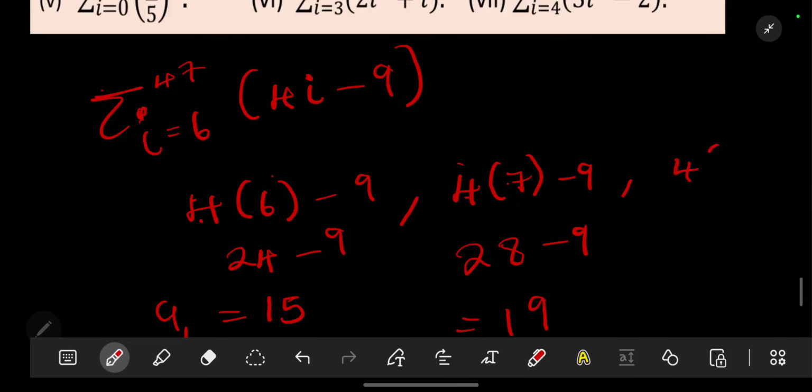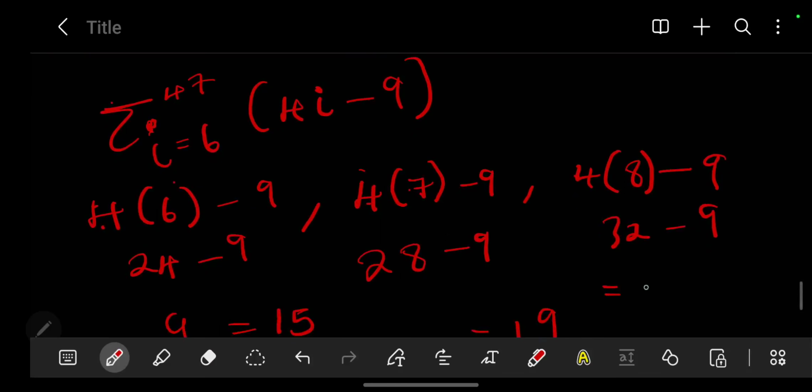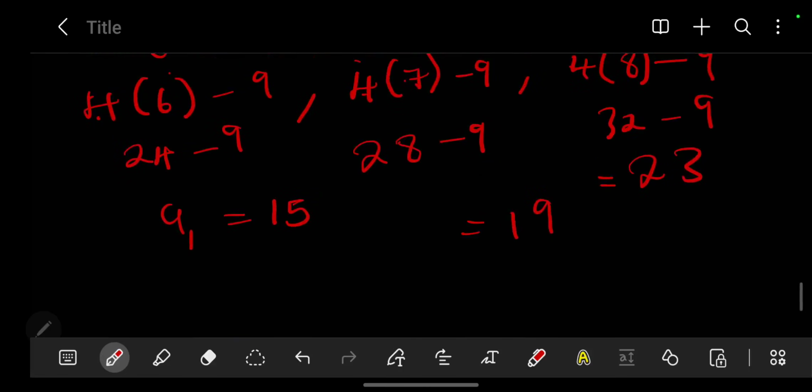If we put 8, 4 times 8 is 32, minus 9, which is 23.